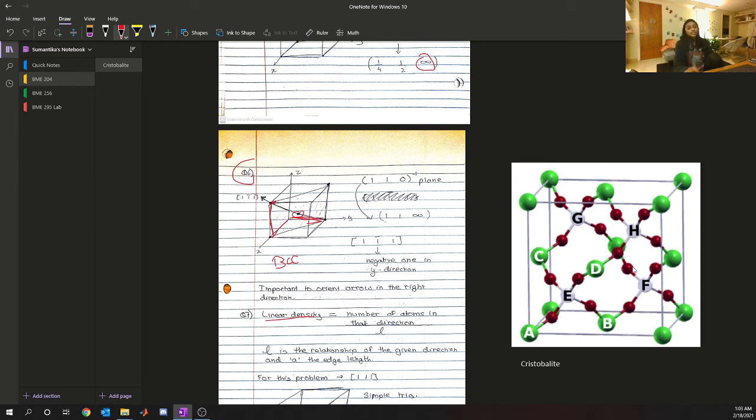I know Dr. Linus told us that a lot of these questions on the exam will probably be harder, and this was a good practice question for drawing directions through and planes through and seeing where atoms, how many atoms were on the plane or how many directions were on the plane.